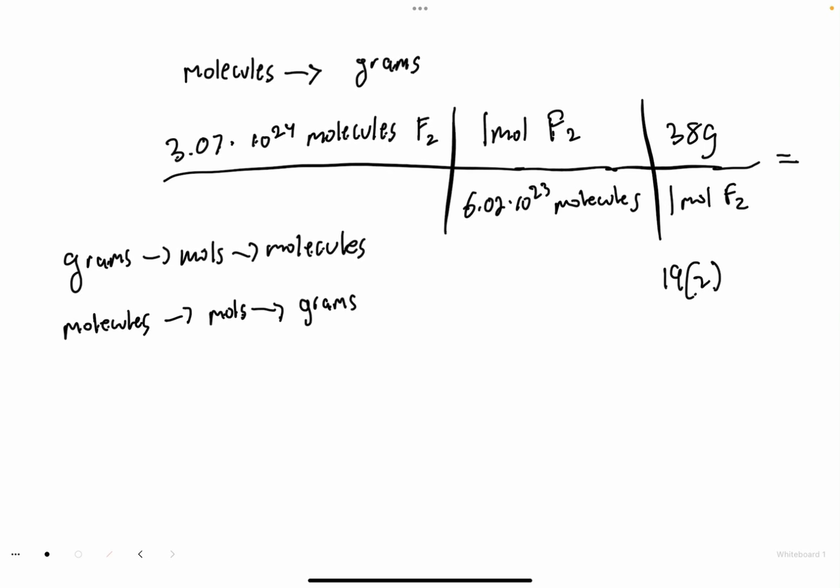One of the most important ones is molar mass. Molar mass is like your go-to. It goes grams to moles. And usually moles is the most effective because that can lead you in a lot of different directions in terms of problem solving.